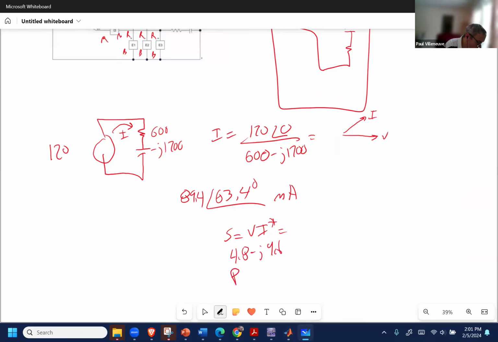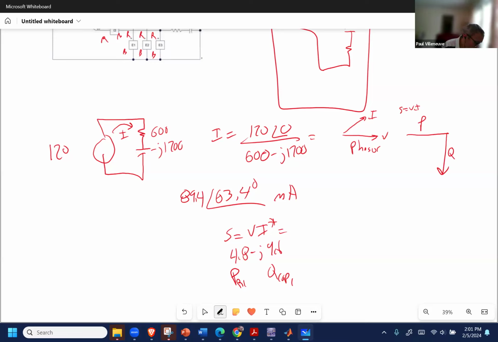This is P for the resistor, and this is Q for capacitor 1. When we have a phasor diagram, our power triangle, because we do S equals VI conjugate, is going to go down here. So we see that Q should in fact be a negative number. So we have our P and our Q calculation.